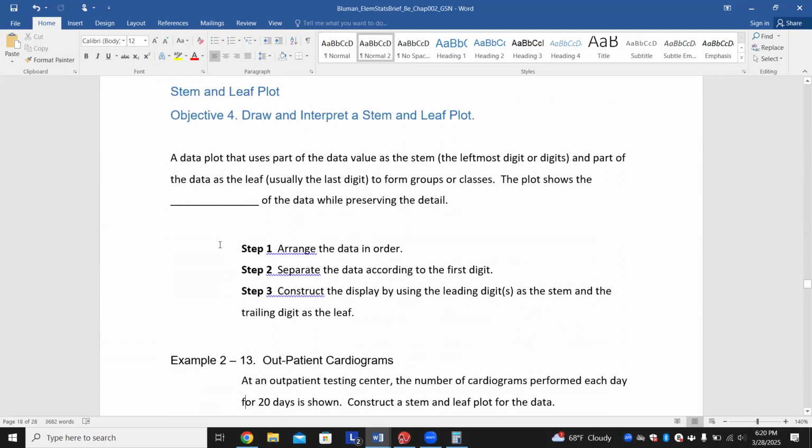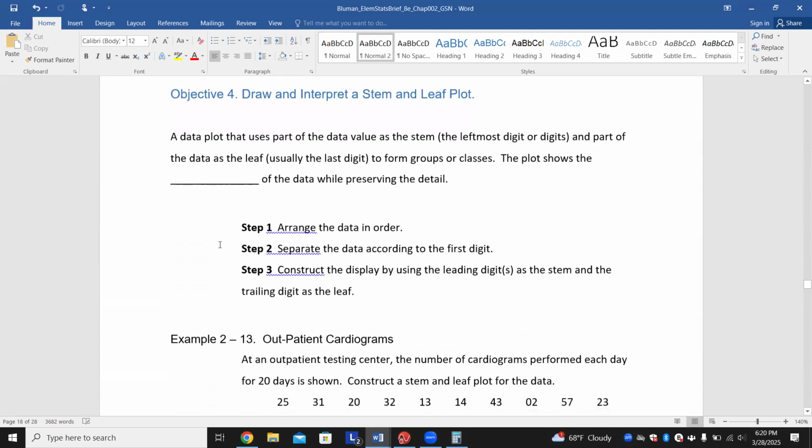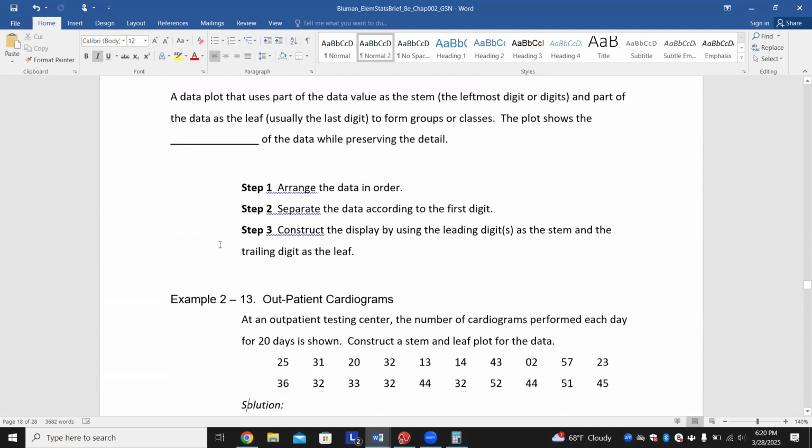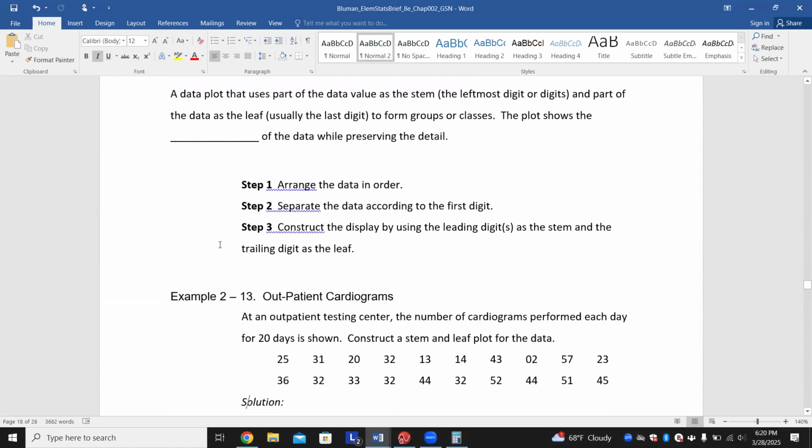So the fourth objective here is, again, to draw and interpret a stem and leaf plot. So a data plot that uses part of the data values as the stem, or the leftmost digit or digits, and part of the data as the leaf, usually the last digit, to form groups or classes.